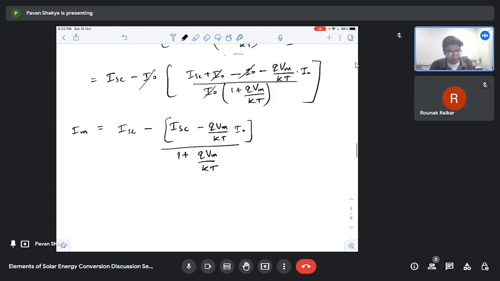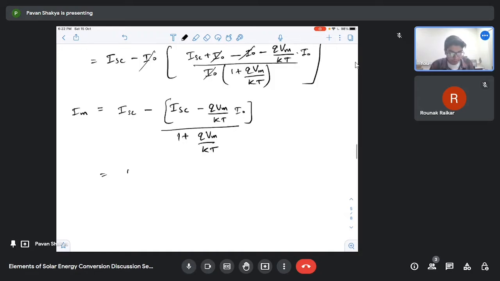Okay, now if we solve it further, we find ISC plus ISC QVm divided by KT, then this negative we take inside, then this QVm by KT will be positive and the term remains the same.